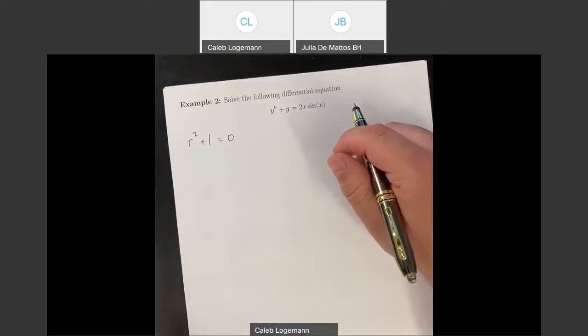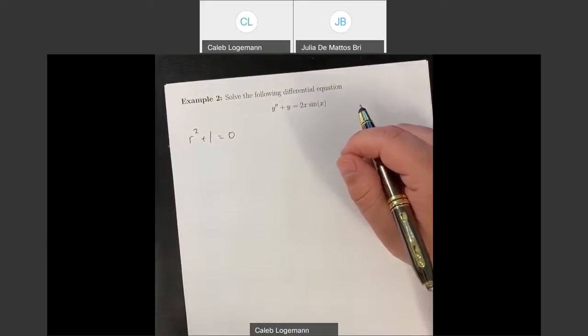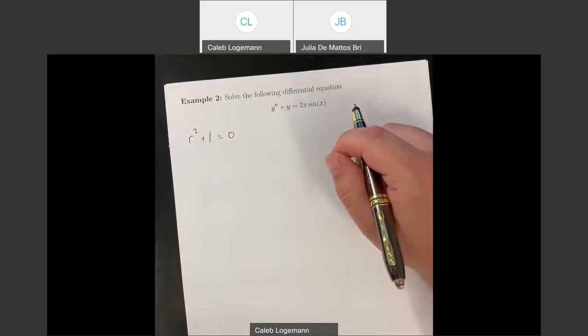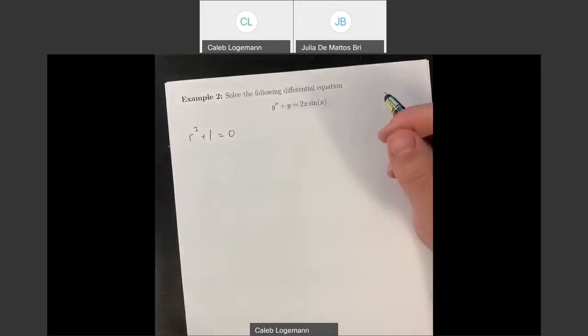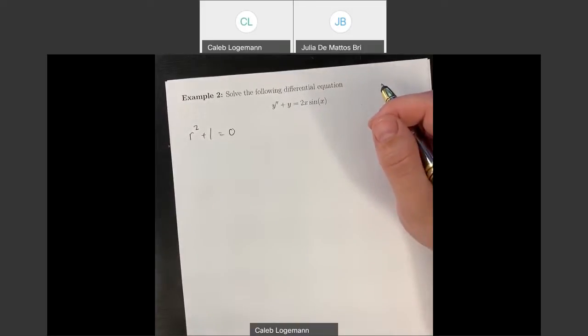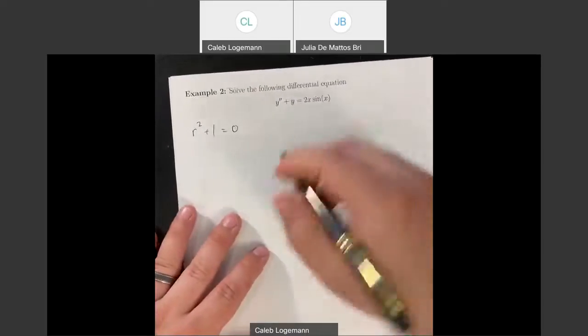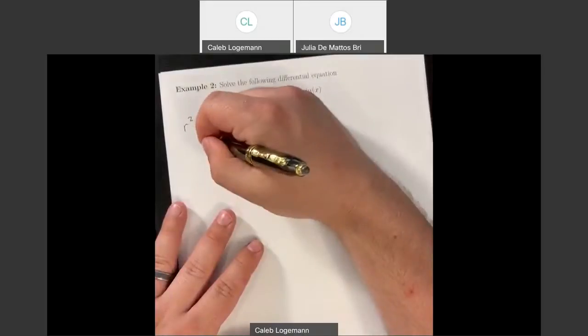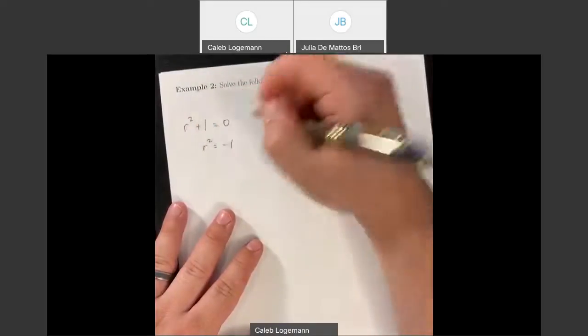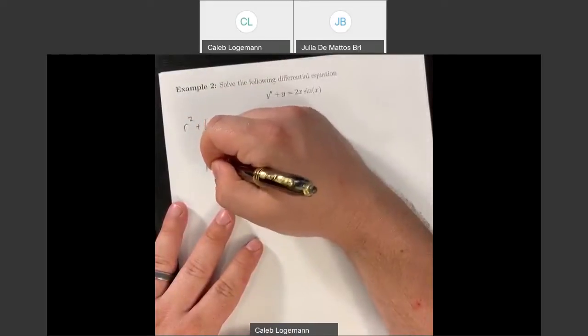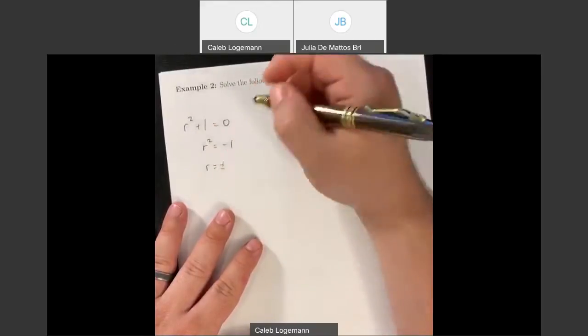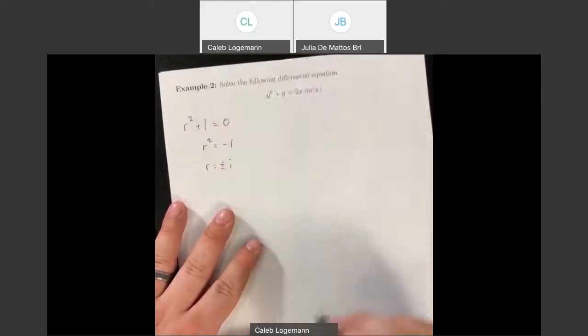Let me just check that I wrote this down right. Yeah. Okay, so the roots of this: we spread that across, square it. So we basically get r is plus or minus the square root of negative 1, or i.